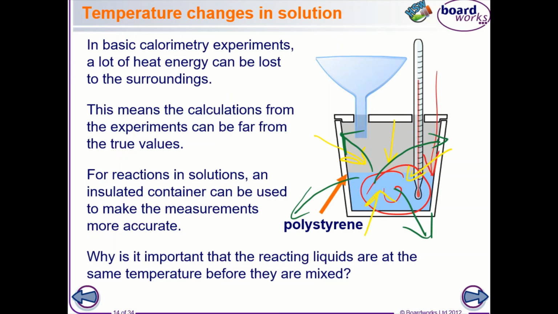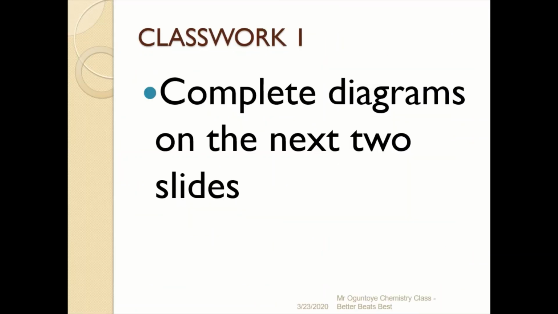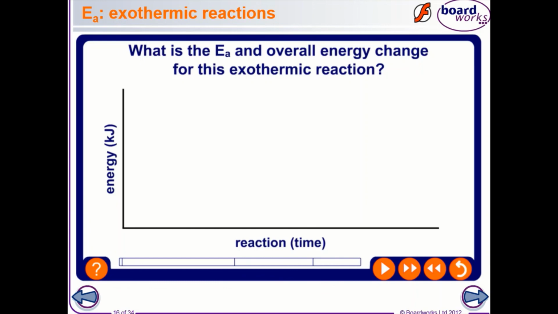In temperature. So basically, exothermic reaction can be seen as an increase in temperature, while endothermic reaction can be seen as a decrease in temperature. So your class work, you are just going to draw the enthalpy diagram for exothermic reaction and enthalpy diagram for endothermic reaction.